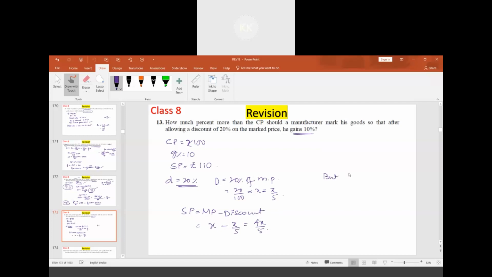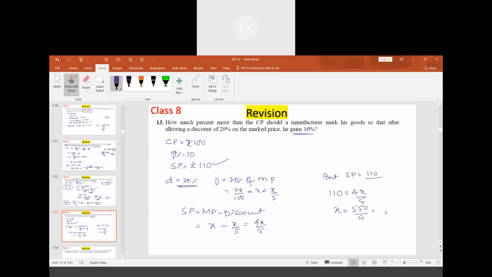But the selling price is 110 as we have calculated here. So 110 should be equated to 4x by 5, so x will be equal to 550 divided by 4.